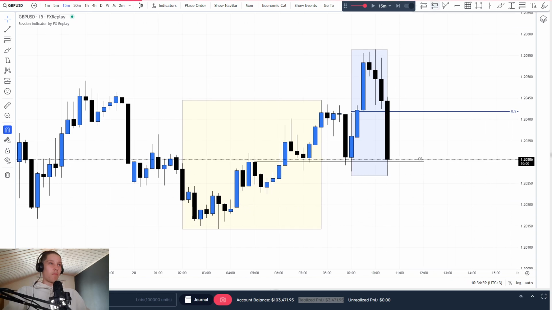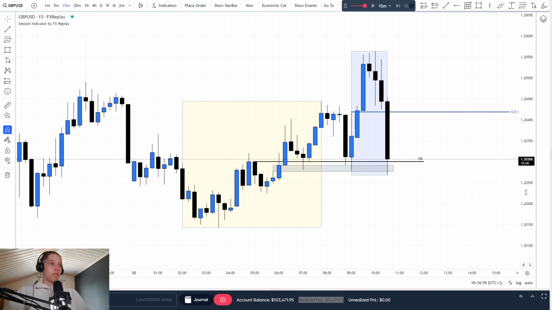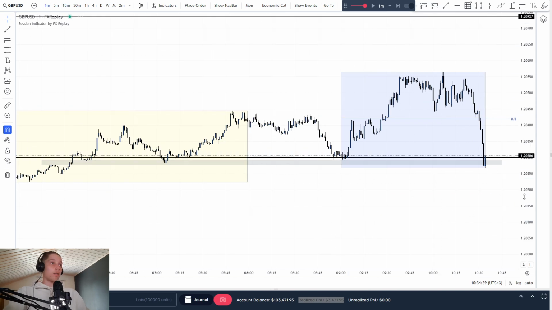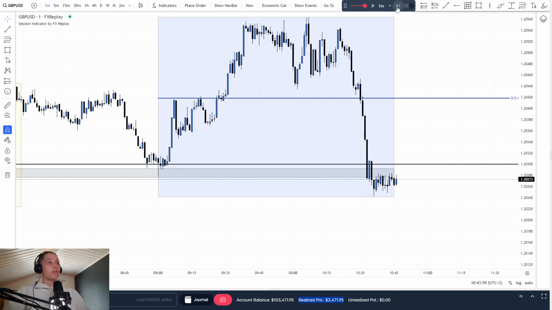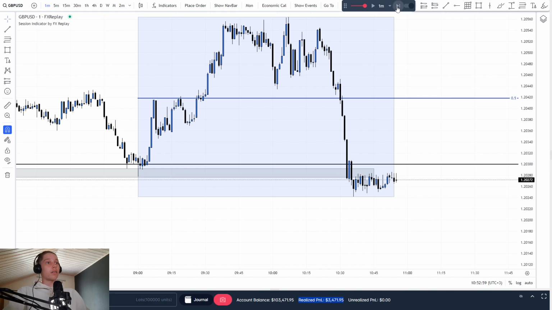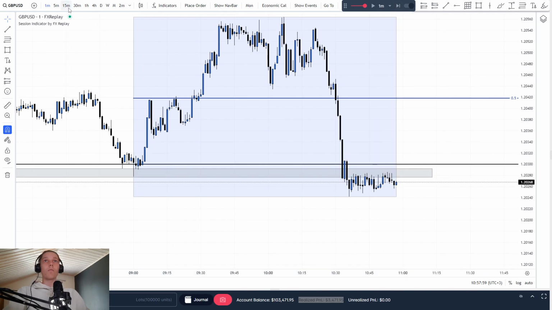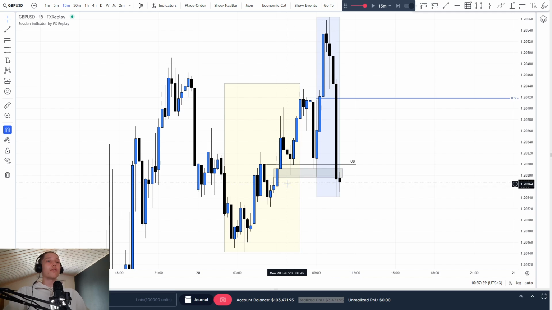So if this gives a nice shift higher, let's see. At least it's kind of consolidating, but we closed below, which I don't like.